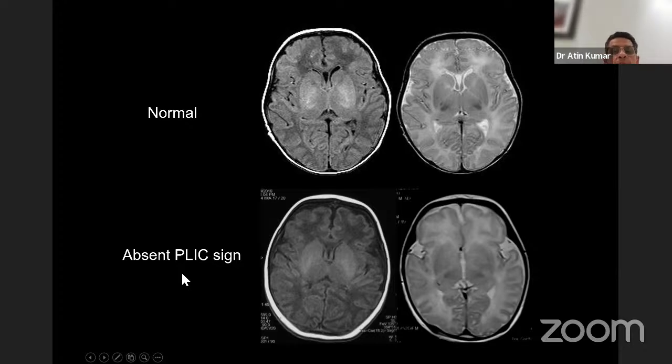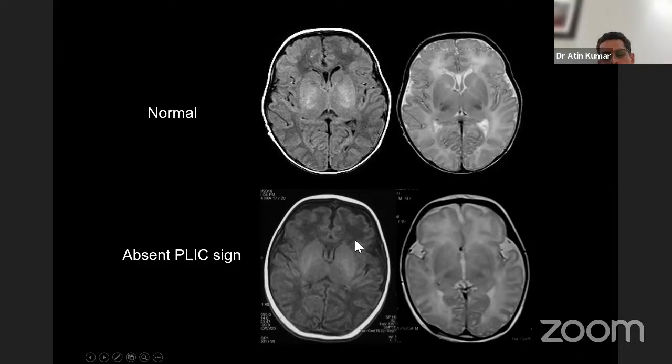We all know that the posterior limb of internal capsule starts to get myelinated at 37 weeks of gestational age. So if you do an MRI at 37 weeks of gestational age, you can see some myelination occurring in the posterior limb of internal capsule.